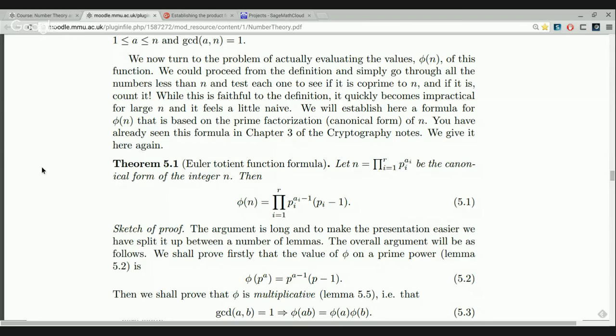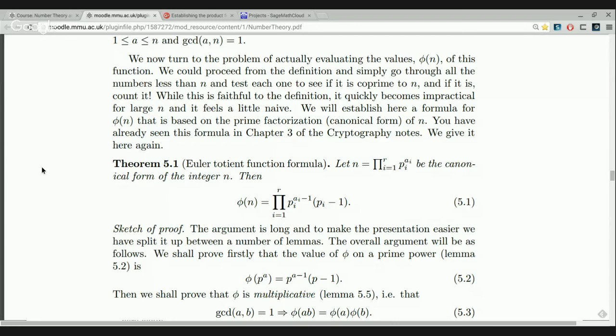What kind of things can be co-prime like this? In particular, powers of different primes will be co-prime. This is the way it's used to prove the product formula at the top of the page.